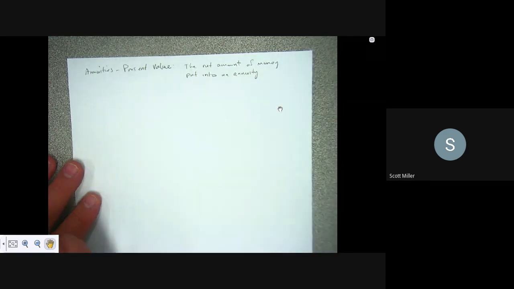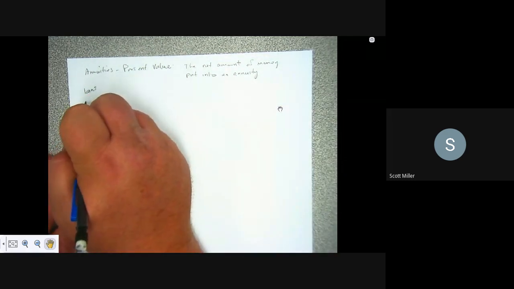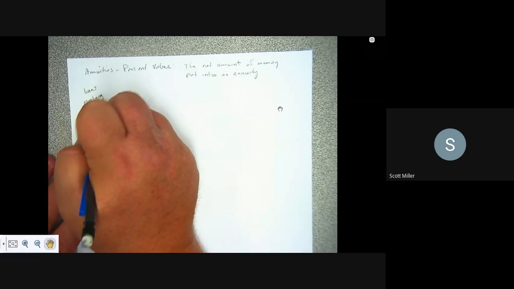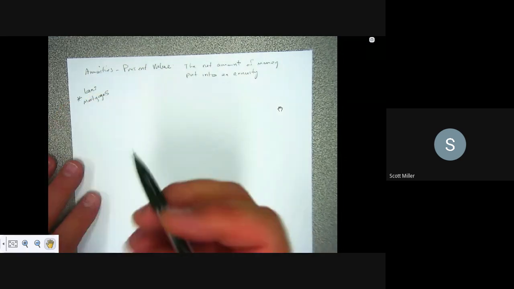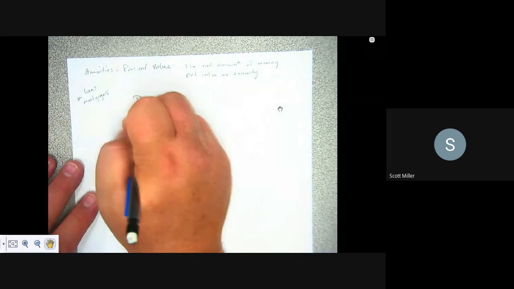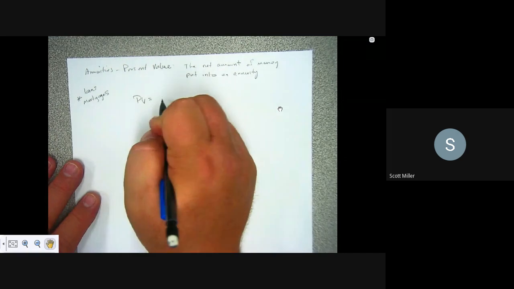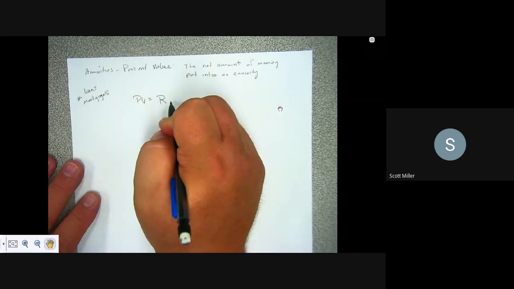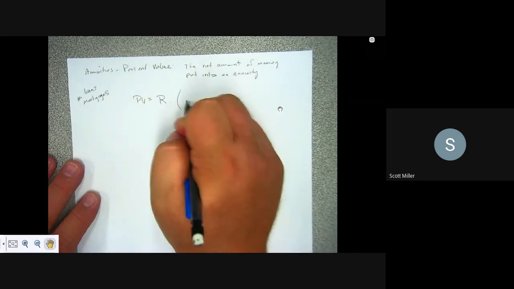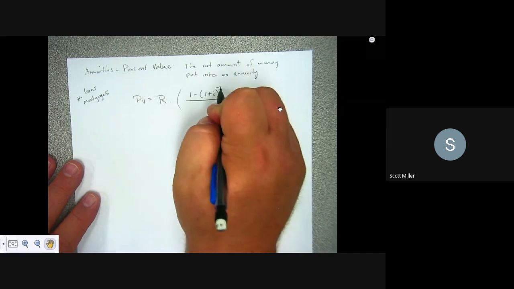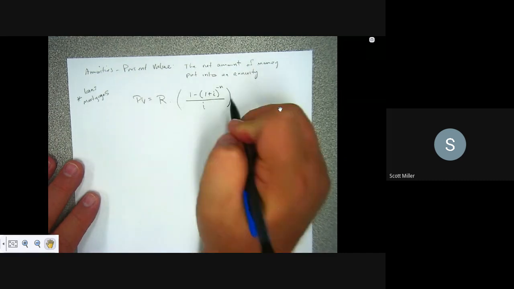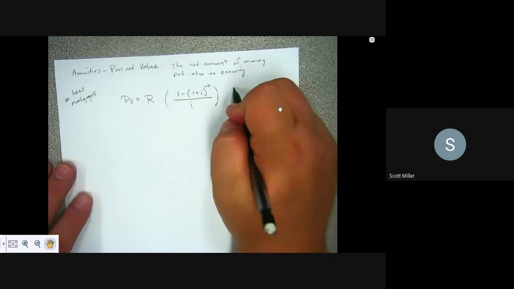That's what the present value is. This one is used mainly for loans, which are mortgages, things like that. And so the present value and the formula will look very similar.